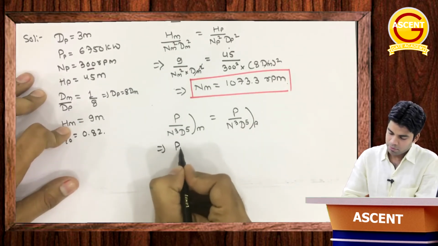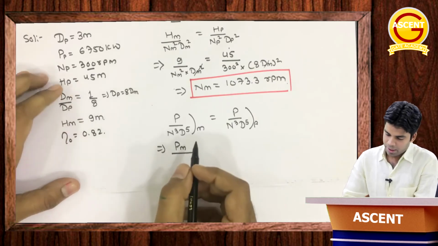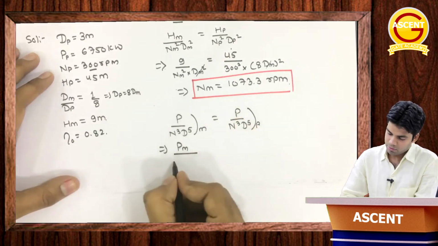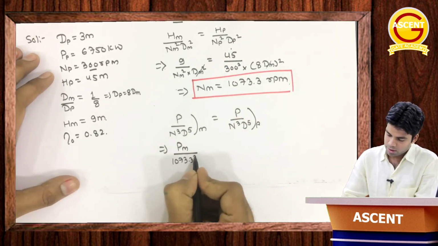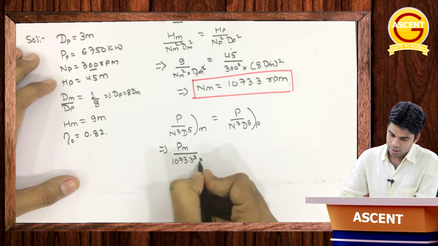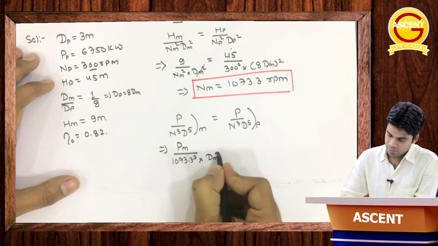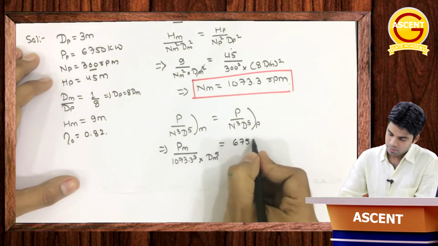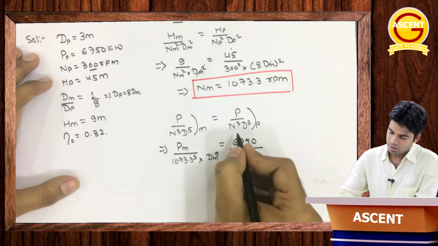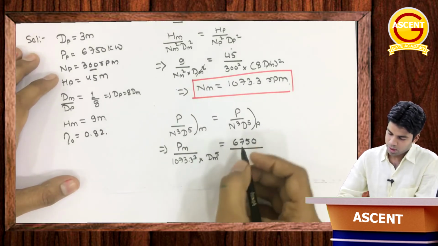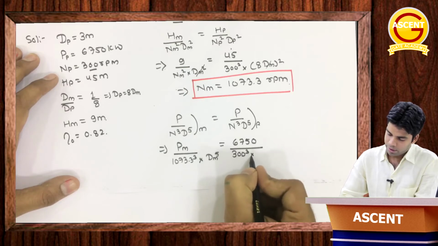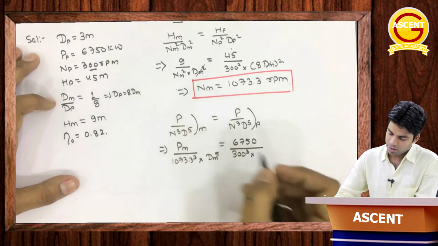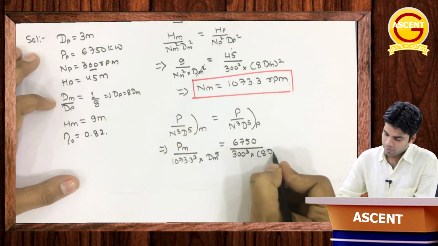Here Pm, which we want to determine, divided by Nm, which we have already determined as 1073.3 cube into Dm raised power 5, will be equal to Pp, which is given as 6750 kilowatt, divided by Np cube, Np is 300, into Dp, which is equal to 8 times Dm raised power 5.